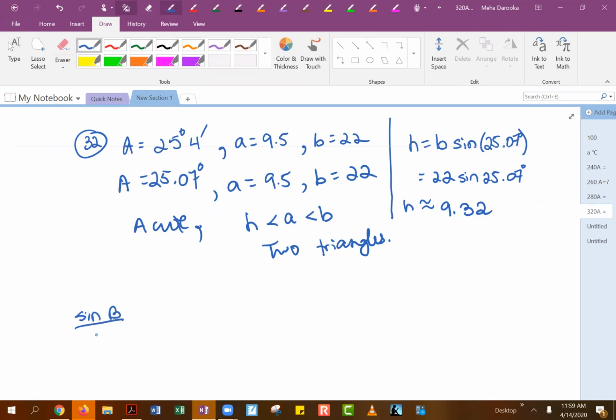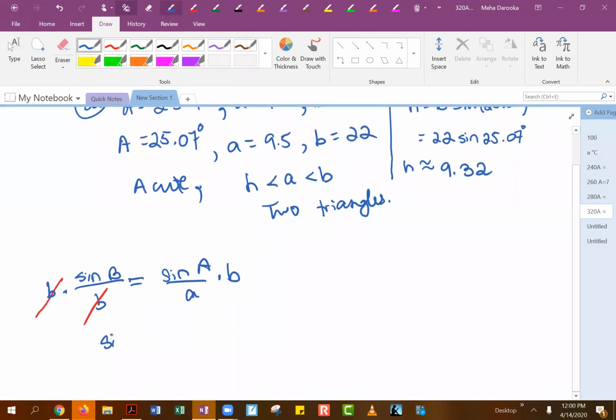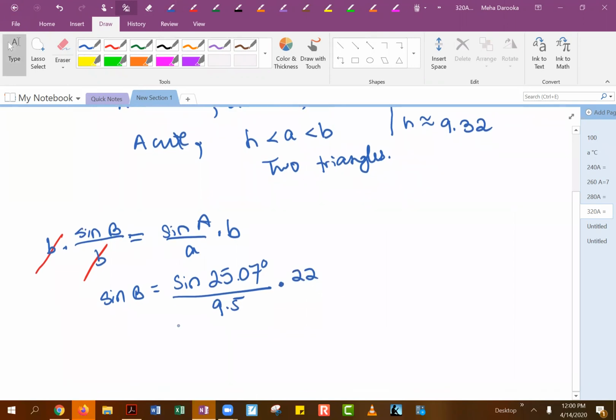Start by finding the angle B. Again, multiply B on both sides to get sine of B by itself. 25.07 degrees, sine of that. A is 9.5. B is 22.